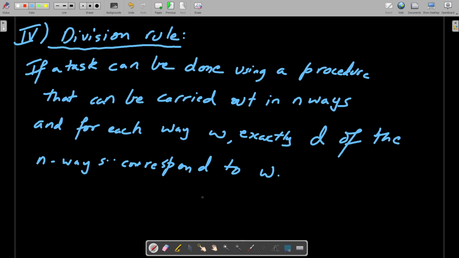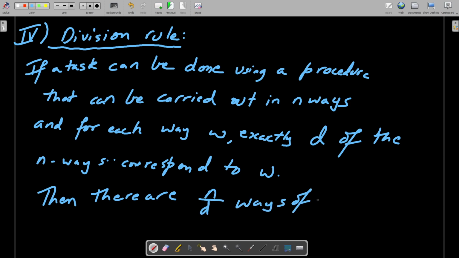Okay, so if a task can be done using a procedure that can be carried out in n ways, and for each of the n ways, d ways correspond to it, then there are n by d ways of doing the task.